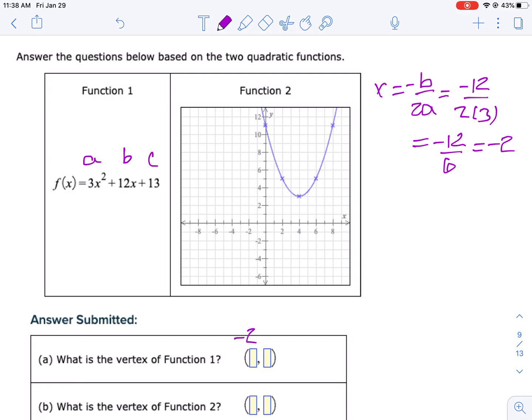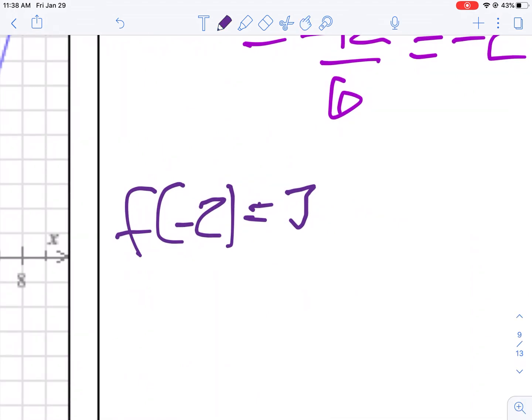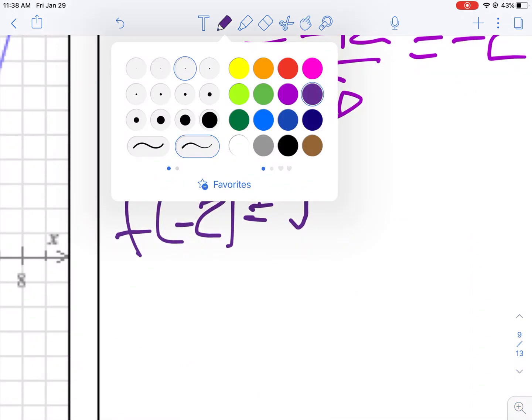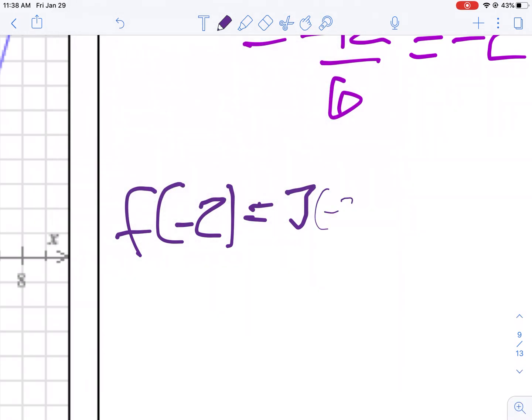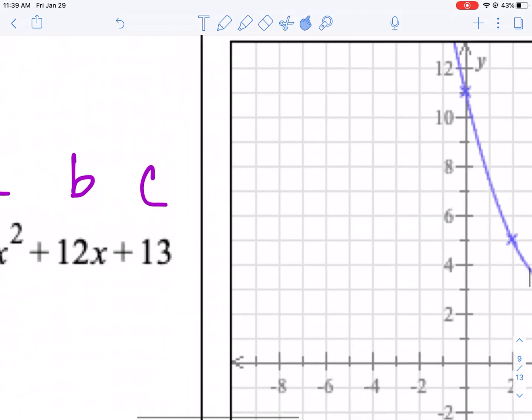Now I want to find f of negative 2, to find the y-coordinate. Well, that'll be 3 times negative 2 squared, plus 12 times negative 2, and then we'll say plus 13.